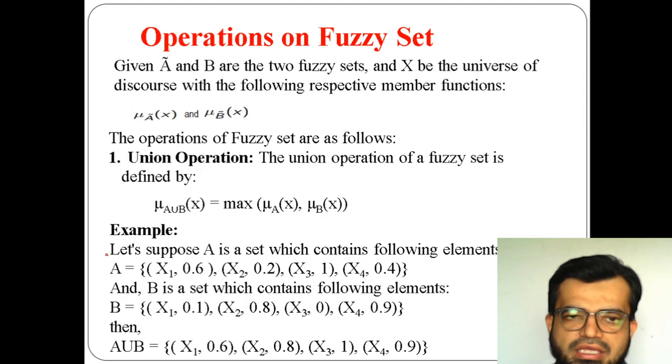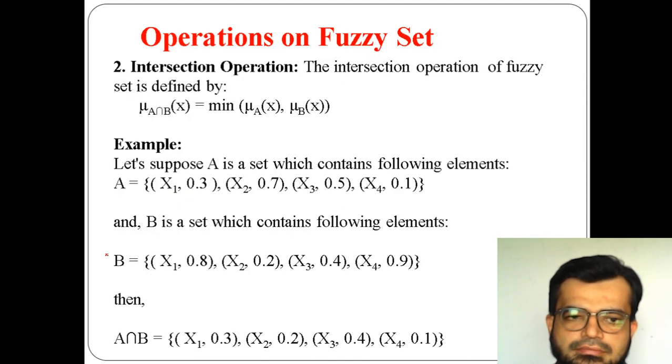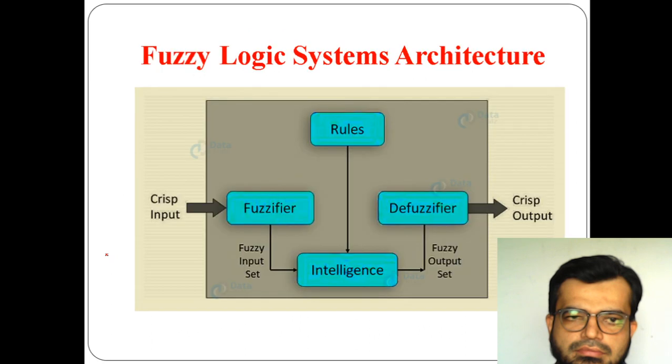So now today we are going to learn about the architecture of fuzzy logic. Basically, in the architecture of fuzzy logic, there are four terms used. The first one is the fuzzifier, which performs the process of fuzzification.